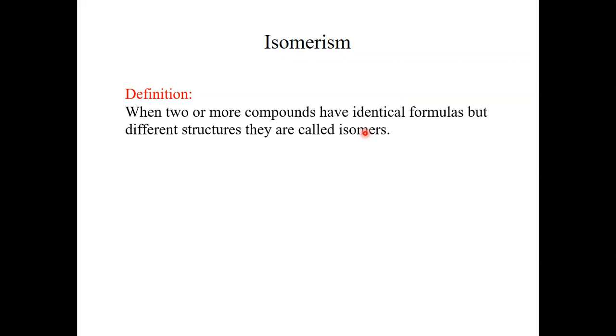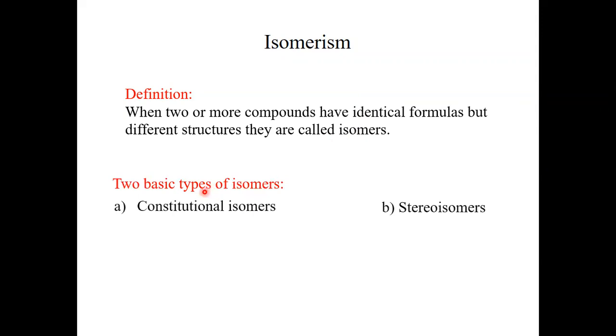The two basic categories are, first, constitutional isomerism, and second, stereoisomerism. What is the basic difference between these two? In constitutional isomerism, we have bonds between different atoms. So the bonds are not between the same atoms. And in stereoisomerism, the bonds are between the same atoms, but the coordination sites are different. So the bonds are in different places.